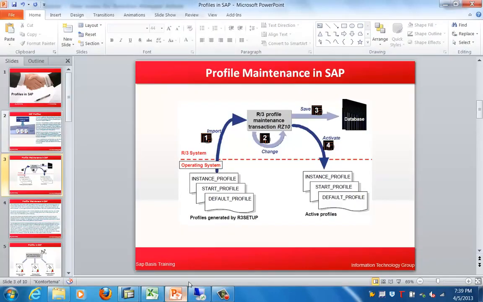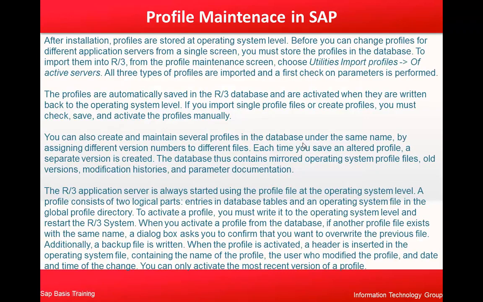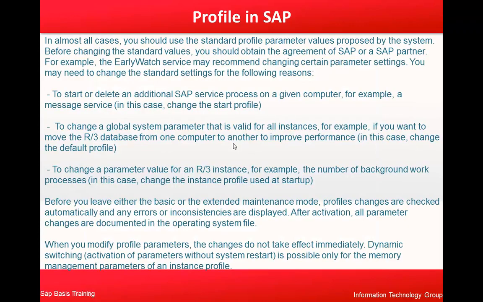Let's continue with our slide. We have seen that these are the instance profiles after any new installation at OS level. When you select import of active profile, it will be imported into the database. Once you save it, it is saved in the database, and you can activate any of these. We just saw profile maintenance in the system, and how we can change these profiles in SAP.